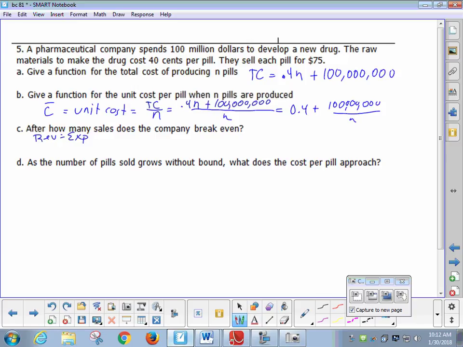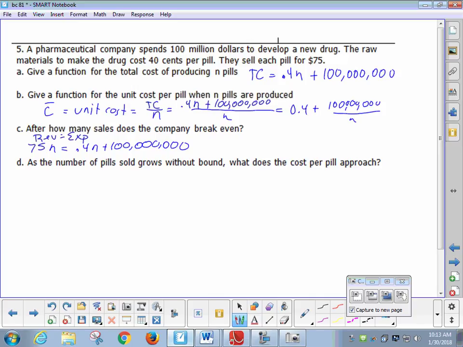What's the revenue, function-wise? $75 per pill times the number of pills. What are the expenses? It's the cost function. It's 40 cents per pill times the number of pills plus the $100 million startup.